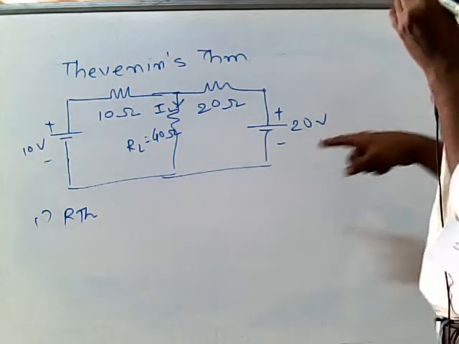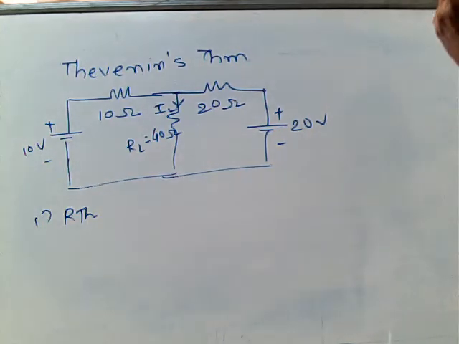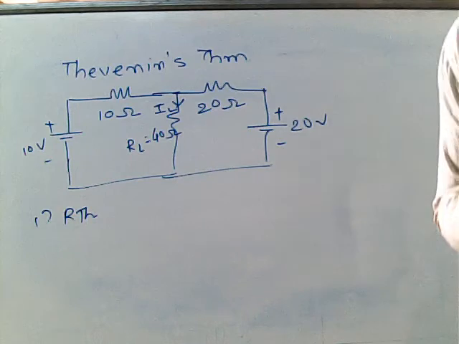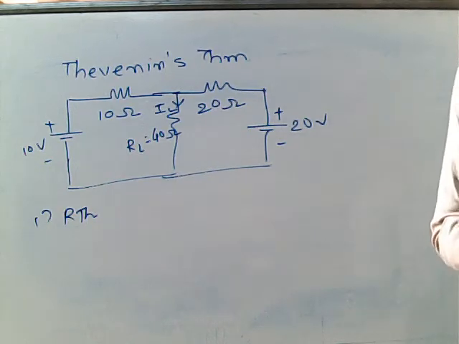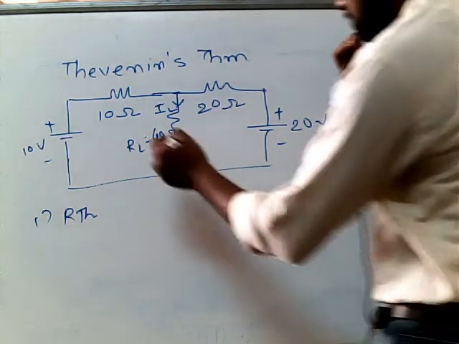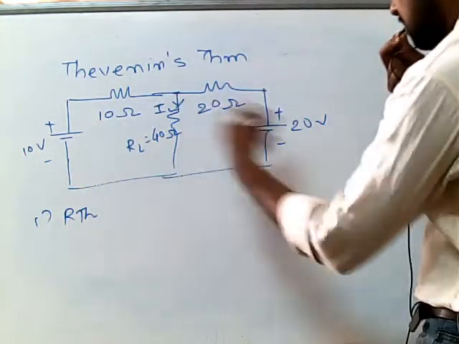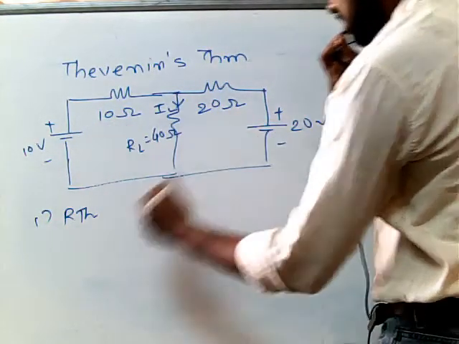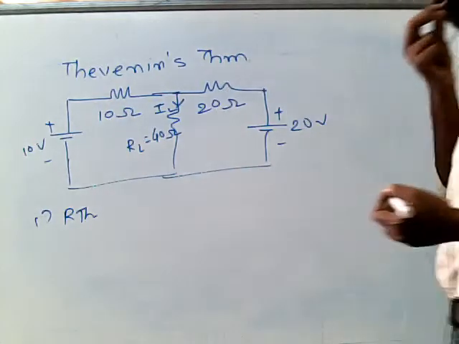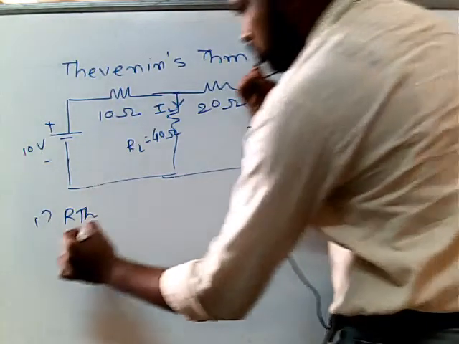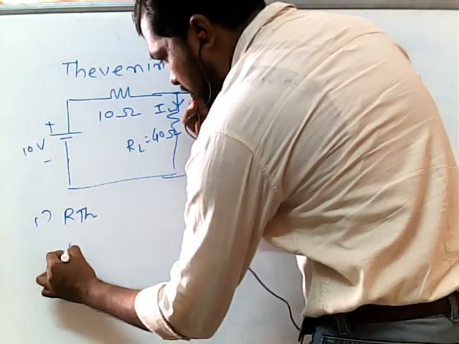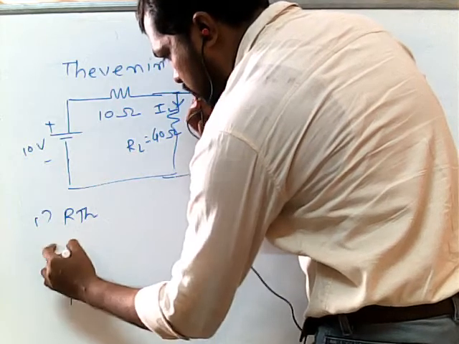If there is a current source, we will replace it by an open circuit. So we will replace the load, and we will replace the sources by their internal impedance. The internal impedance of a voltage source is 0, so I will simply short circuit this voltage source.